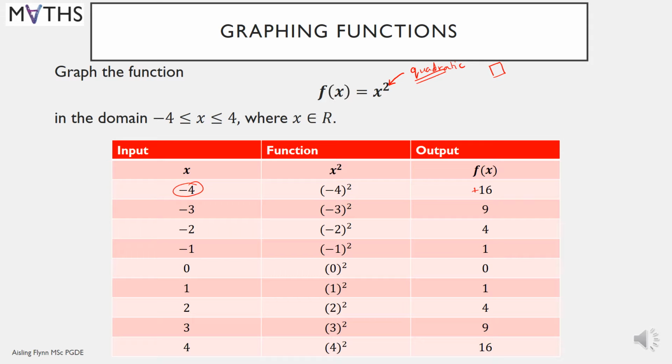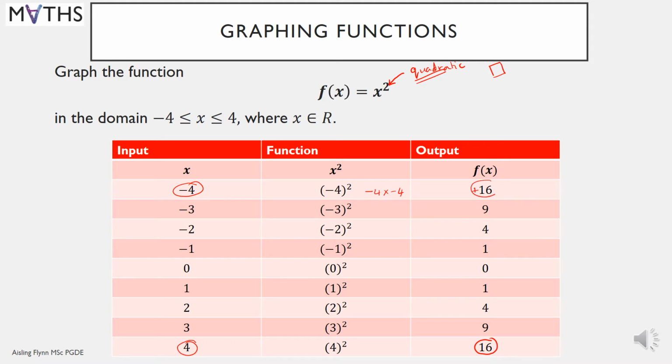That's important. -4 by -4, so negative by negative gives a positive, and in fact anything squared will give a positive because you're multiplying two of the same type. Notice that the output for +4 is the same.